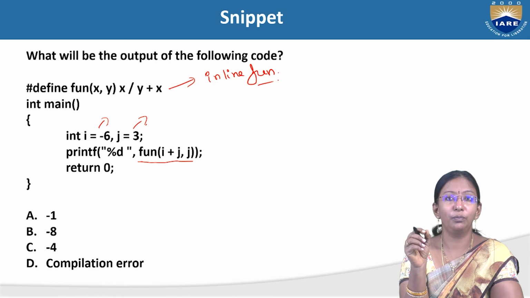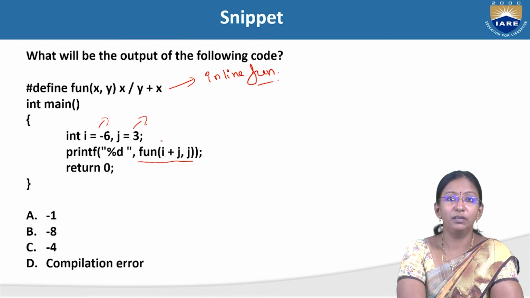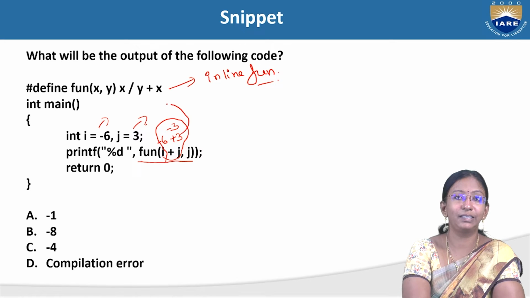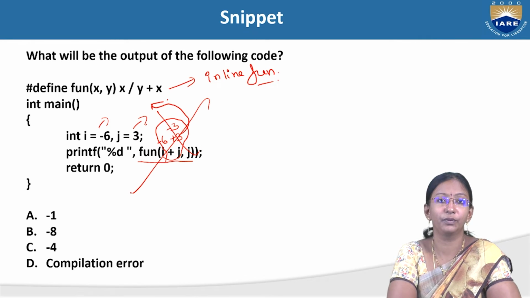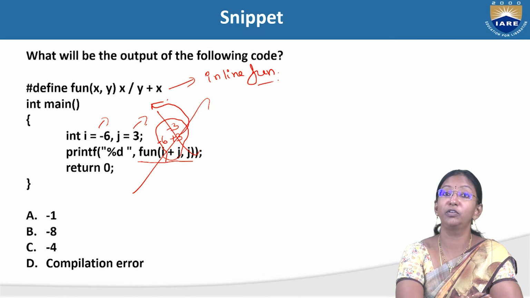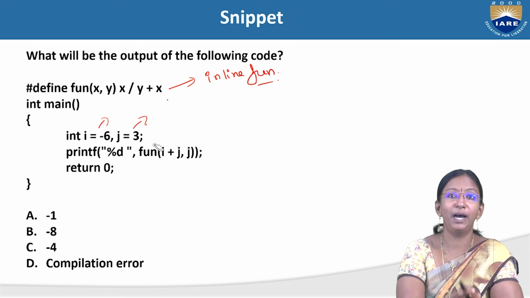The place where most of the students go wrong is, they do minus 6 plus 3 over here, get minus 3, and take minus 3 as the first argument and start working, which is a blunder. Don't do that, especially in the case of inline functions. What inline functions tell us is, take them as they are and expand them.